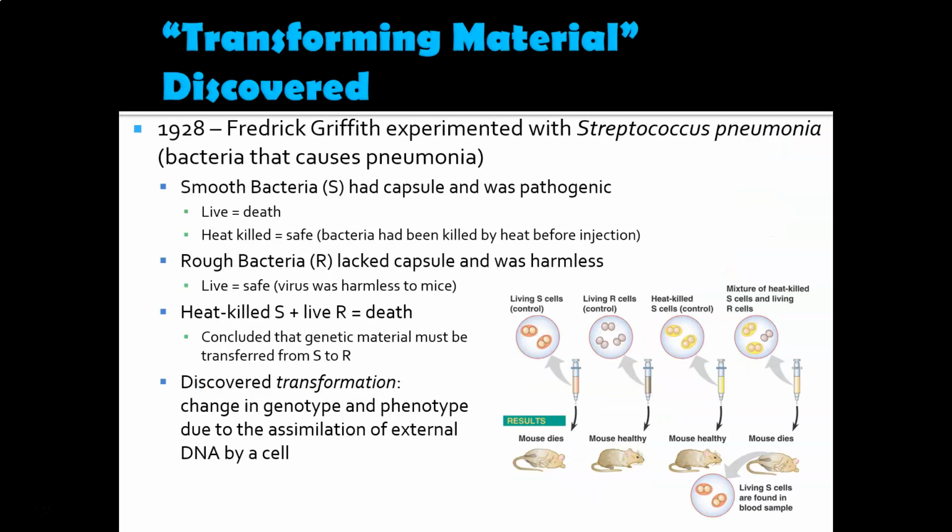So before we get into the rest of that, let's just take a step back and figure out how we got here. Because we didn't always know that DNA was a thing, let alone what it did. And in fact, it's only been within the last 100 years or so that we have actually figured this out.